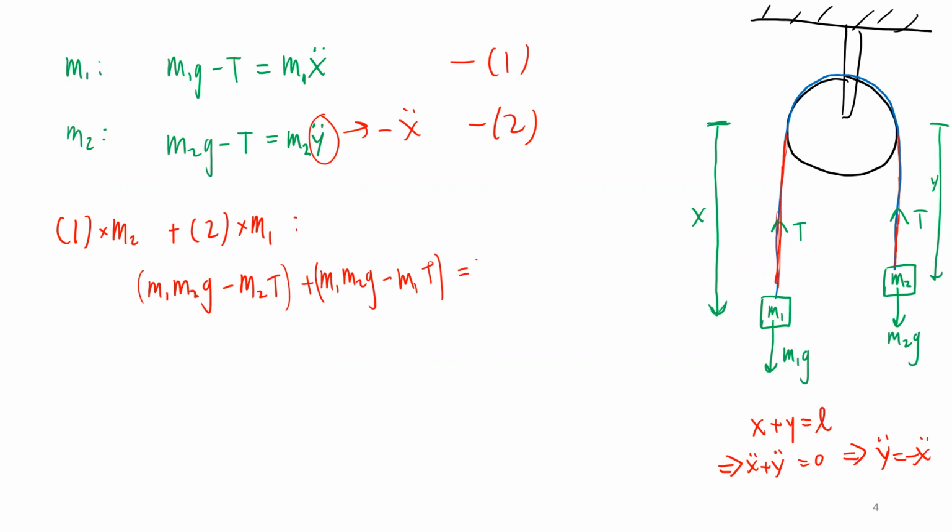What do I have on the right hand side? It is m1 m2 x double dot, minus m1 m2 x double dot.